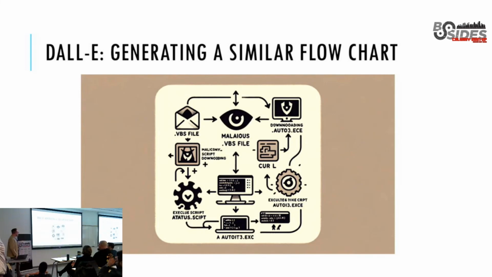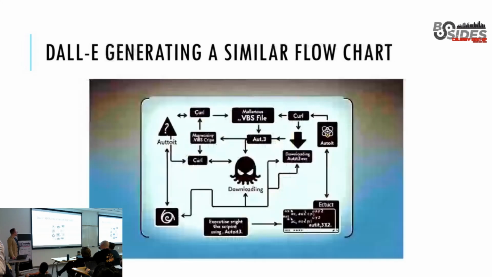Next change for the theme of all these tools: generating photos is great. It needs some work for generating our infection flowchart. It actually gave me two versions of this graph.